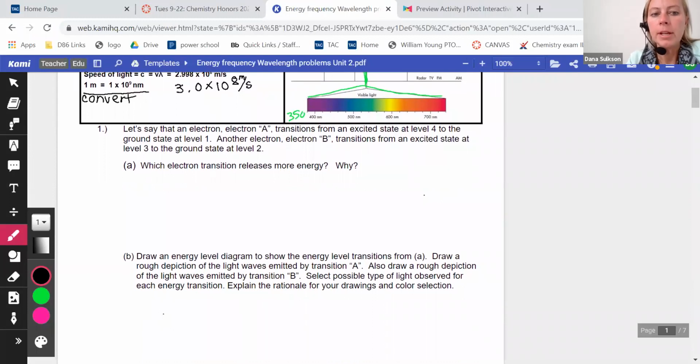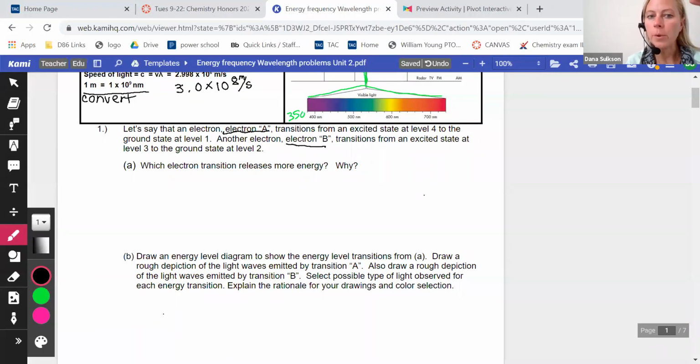It's saying, let's say that you have an electron A, underline information, that transitions from an excited state of 4 to ground state 1. Another one, electron B, transitions from an excited state of 3 to ground state 2. Which electron transition releases more energy?